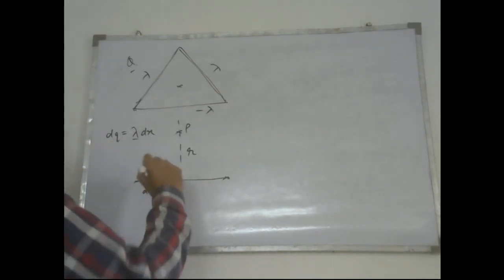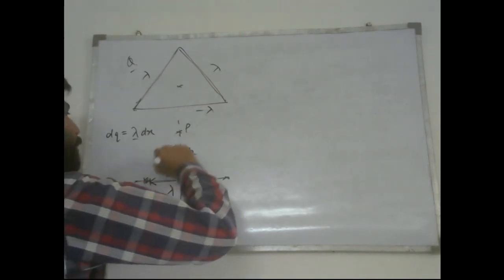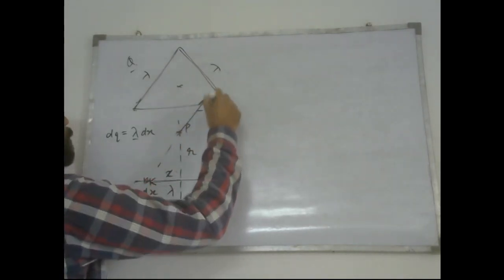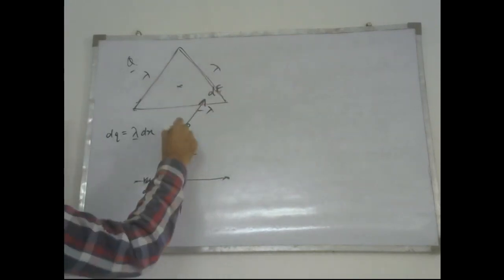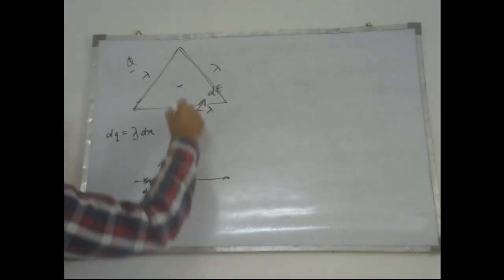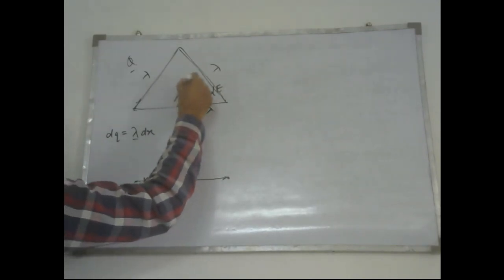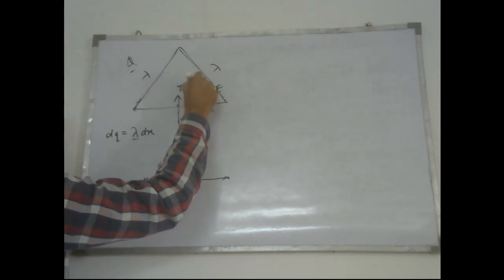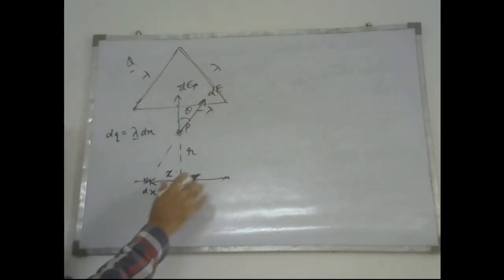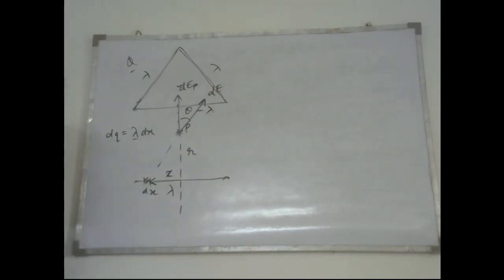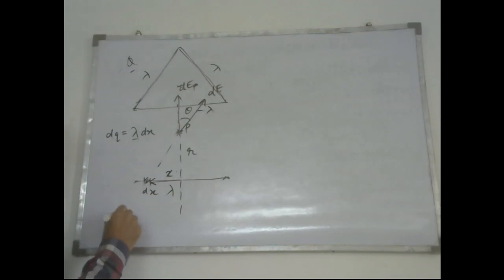So the electric field due to this dx element would be in this direction. That would be some field, let's say dE, in the radially outward direction. So we can take the component of this particular field in this direction. Let us name that component dEp, and we have to eventually evaluate what would be the net electric field at point P. So what would be the value of dEp?